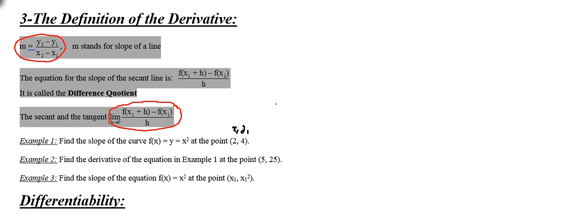What is f of x1 plus h? Because f of x equals x squared, and x here is x1 plus h, it's (2 plus h) to the power 2.